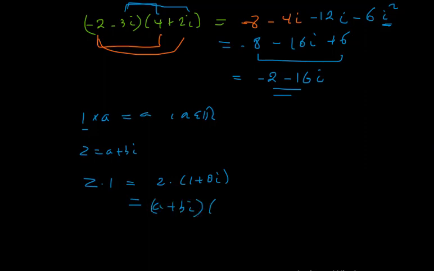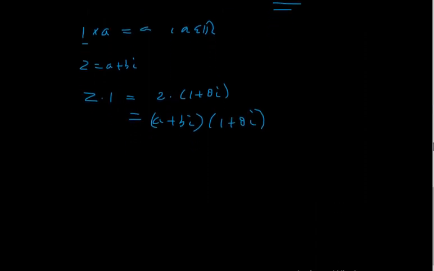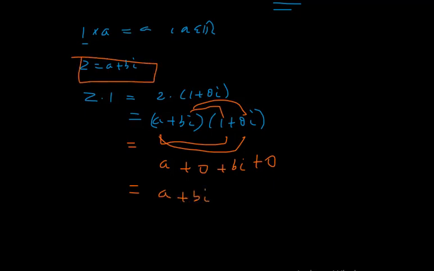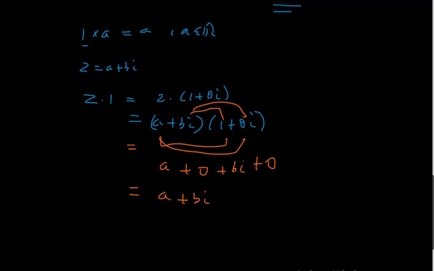If you just apply the distributive property, you will get the same thing. There you have a, and if you multiply this 0 by the plus bi, finally that goes to 0. So finally you come up with a plus bi, which is the original complex number. So we can say that 1 is an identity for multiplication of complex numbers as well.